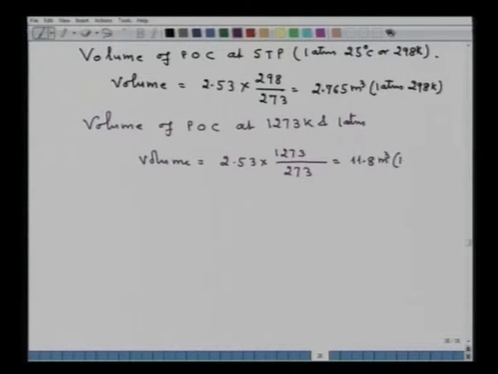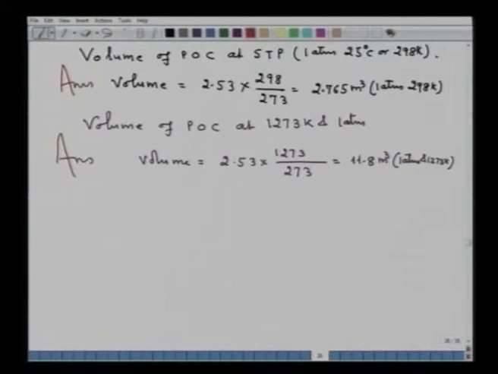This is at 1 atm and 1273 Kelvin. So, this is also the answer, and earlier was also the answer.